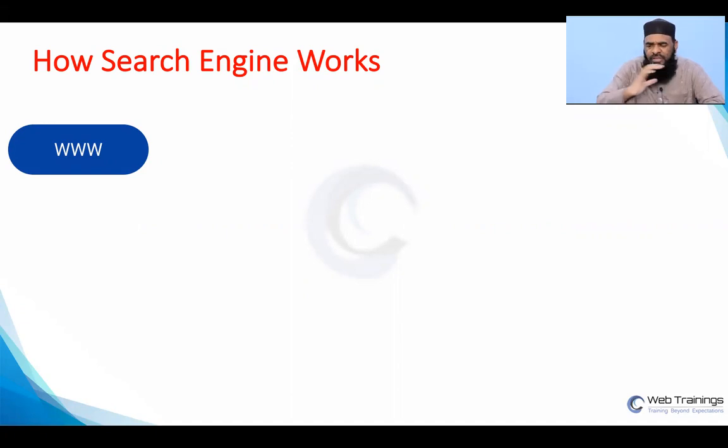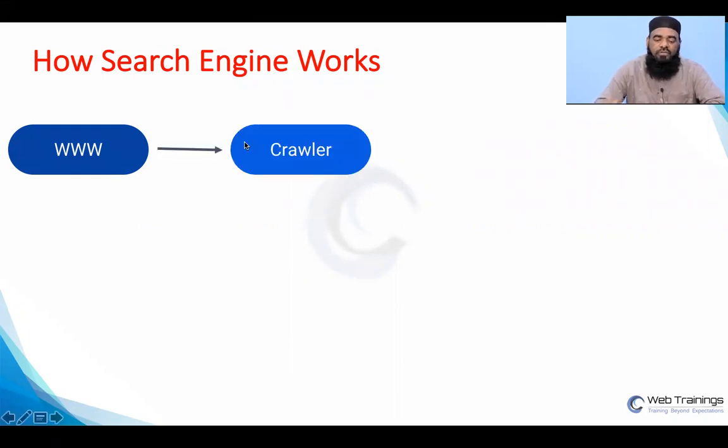Now when everything is on the internet, Google has to capture that information. Google has to get the data. So here is the first component which is going to work for Google, and that component is called the crawler component.